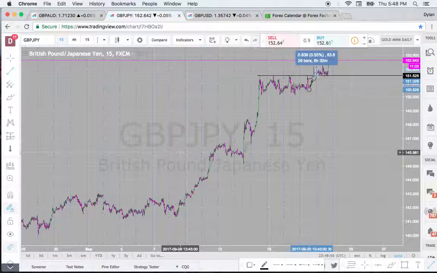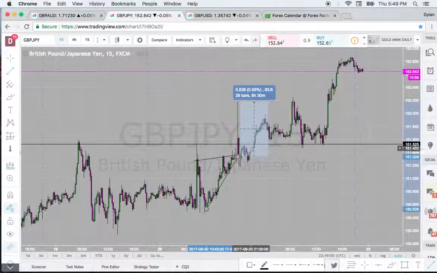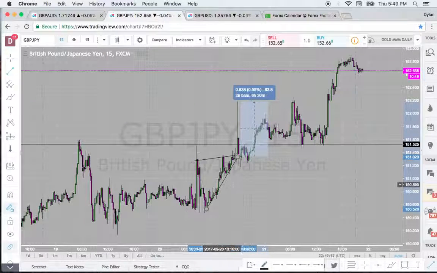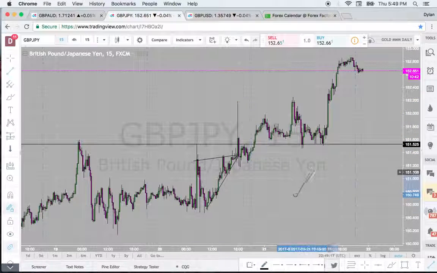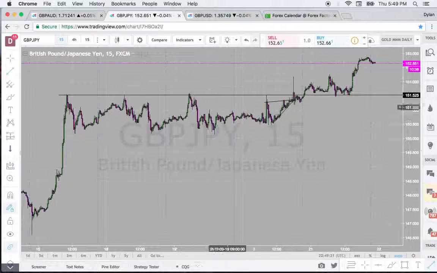Now, this wedge formation here, this wedge breakout that I have been teaching just now, this can also be used to go with the trend, even though it is an M setup.